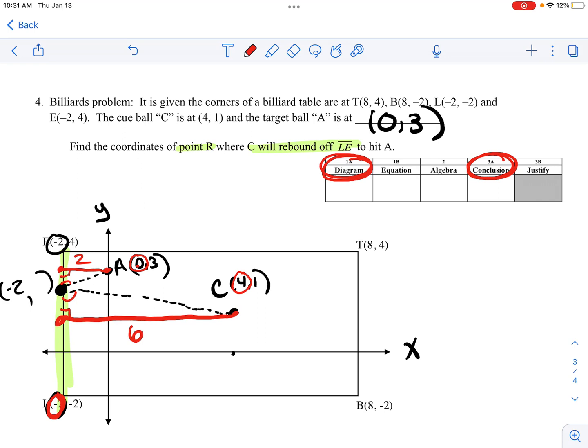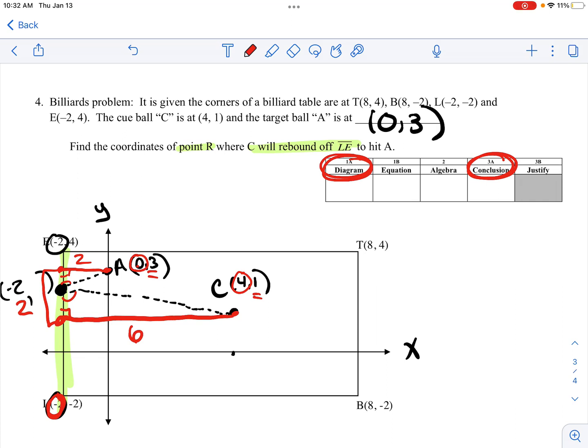From 3 to 1, that's how far apart they are, which is a distance of 2. I just don't make it 1 and 1. They don't necessarily hit it in the midpoint. I got to figure out what those pieces are.